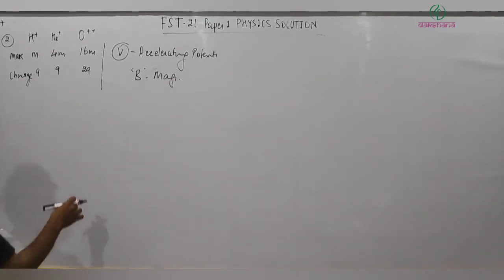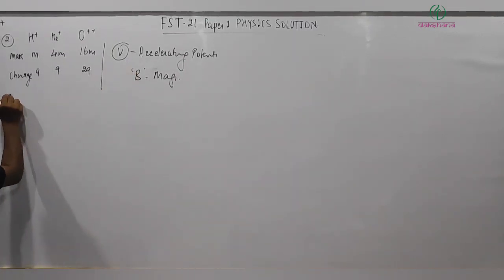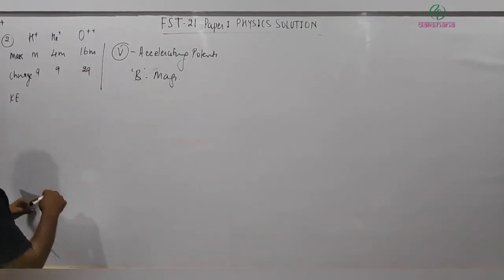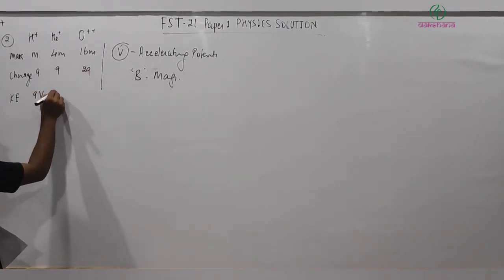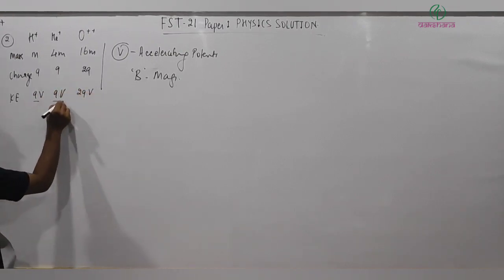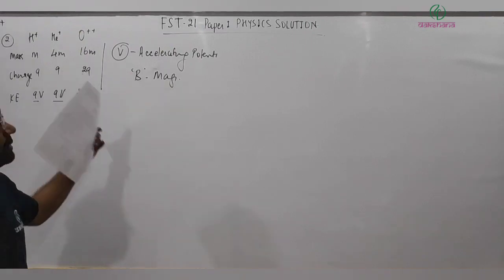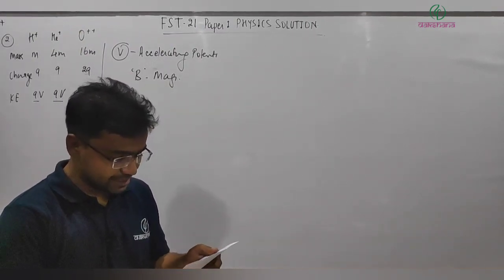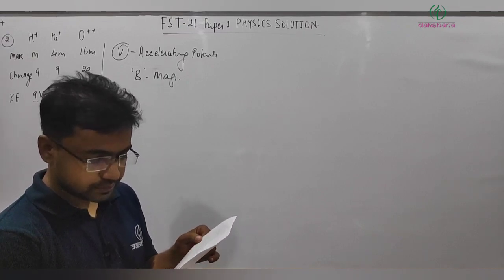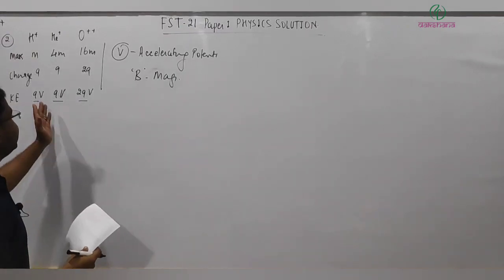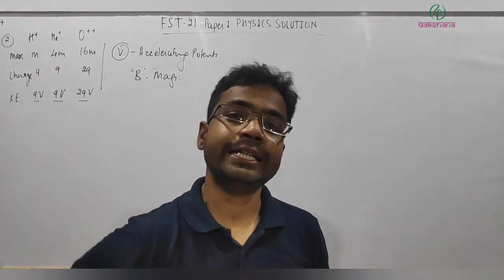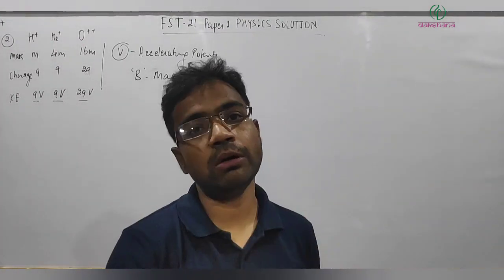Then we know, because this is the accelerating potential, the kinetic energy that they will be gaining is V multiplied by charge. So kinetic energy will be qV, and this is 2q multiplied by V. So these are the kinetic energies of these particles, and then we are supposed to compare them. We know when they enter a perpendicular magnetic field, they revolve in a circle.